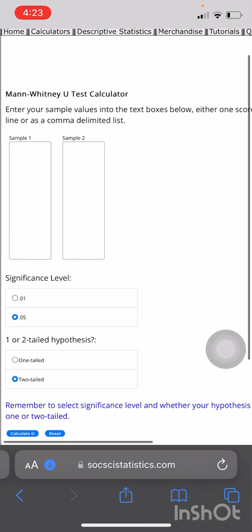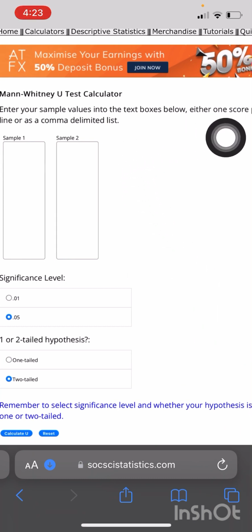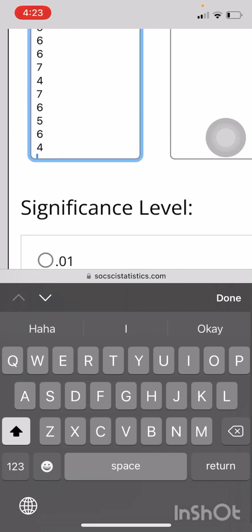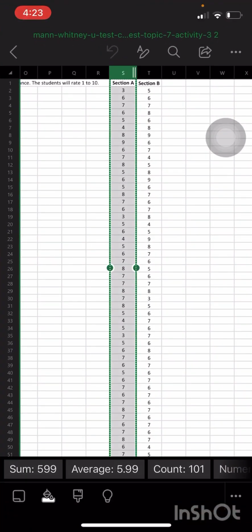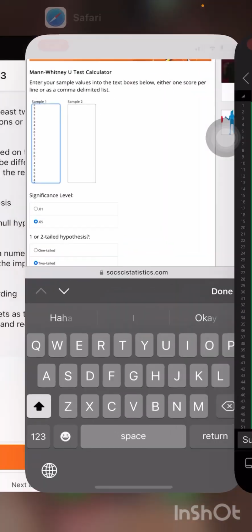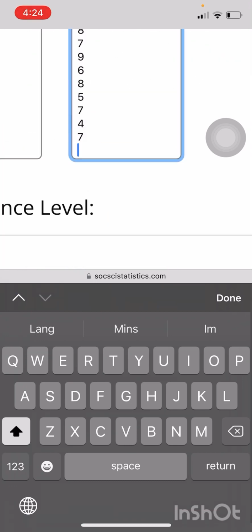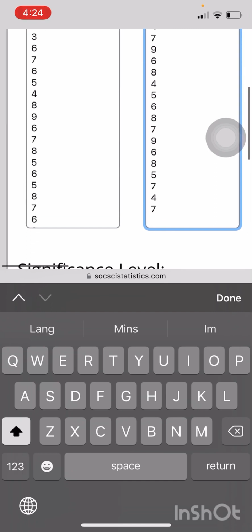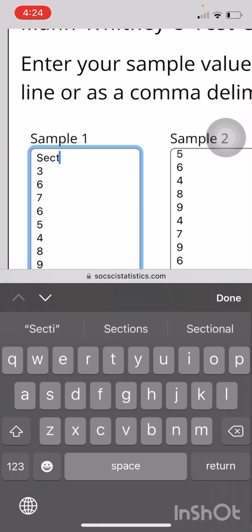We will paste the sample 1 here, and also the sample number 2, the section A and B. So, copy and paste it here in sample number 2. These data are 100. 100 plus 100 equals 200.